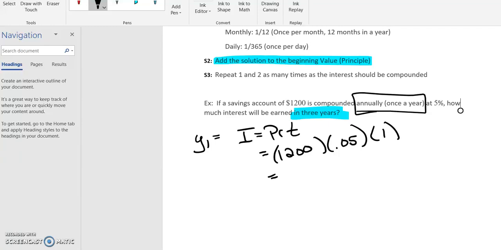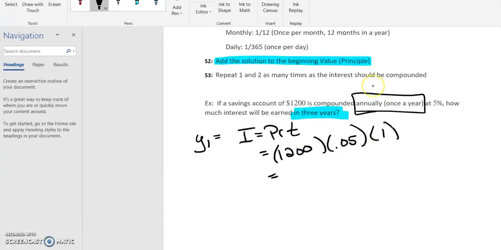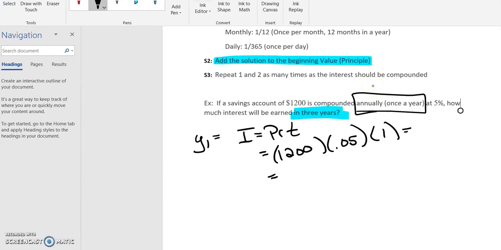Well, that's going to give me 1,200 times 0.05. Now, that tells me that I've gone up $60 in that first year. So that's going to equal 60. But now, my beginning value of my next year is going to be 1,200 plus that 60, or 1,260.